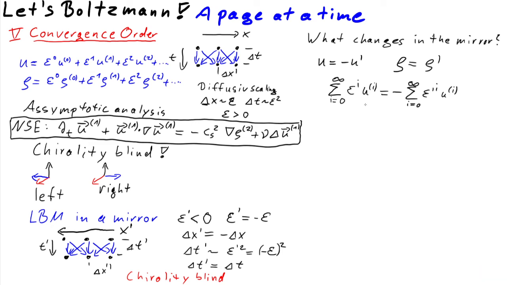This is because the Lattice-Boltzmann method does not distinguish between these two coordinate systems. So we get the same result, but if we replace this epsilon dash with the original epsilon, which is just the negative of it, we have minus epsilon to the power of I into u of the order of I.